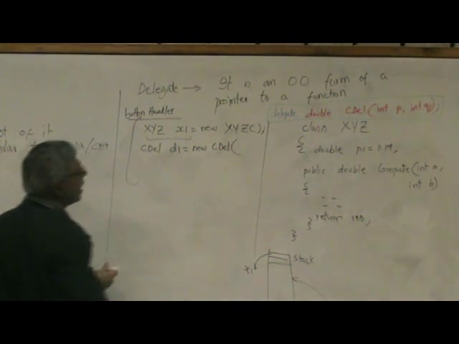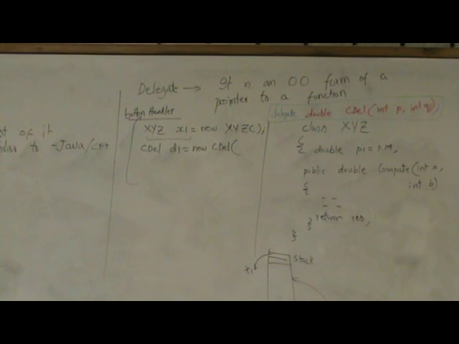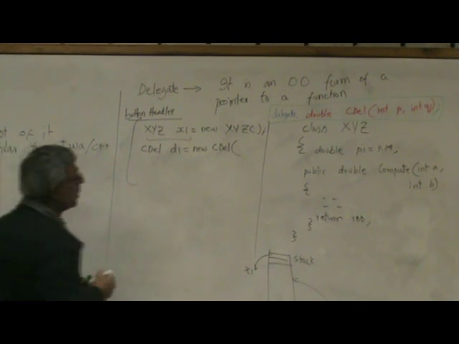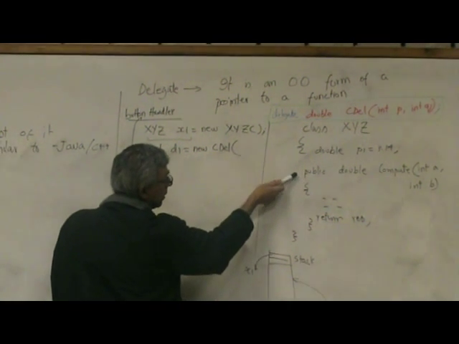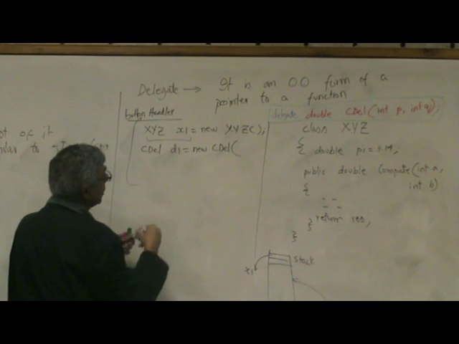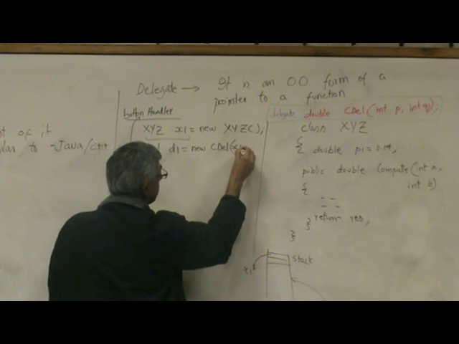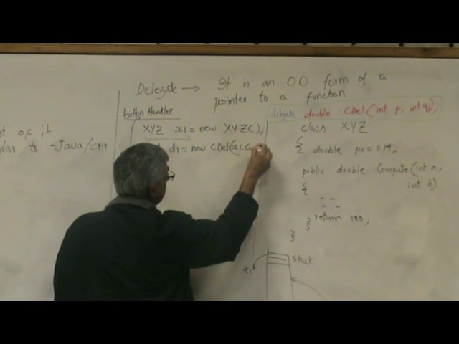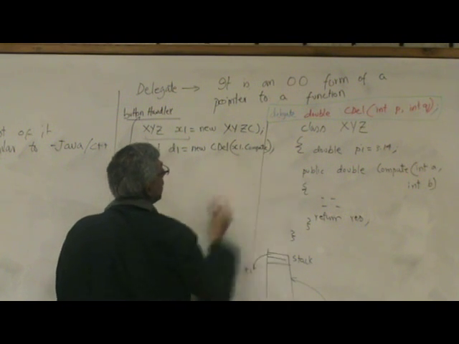Now we cannot leave the constructor of a delegate blank. You have to pick a function to point to. Since we are interested in pointing to the compute function, all you have to do is x1.compute.